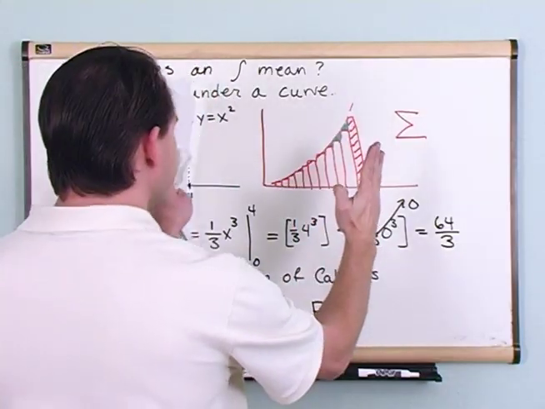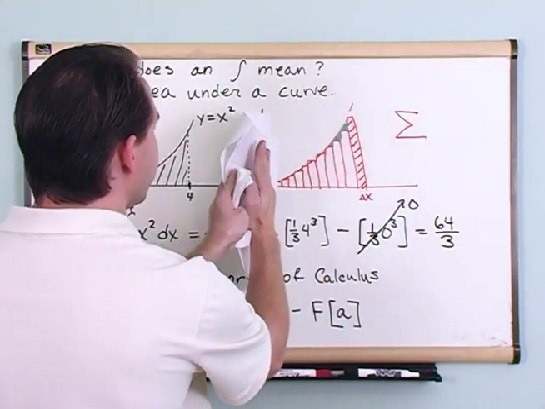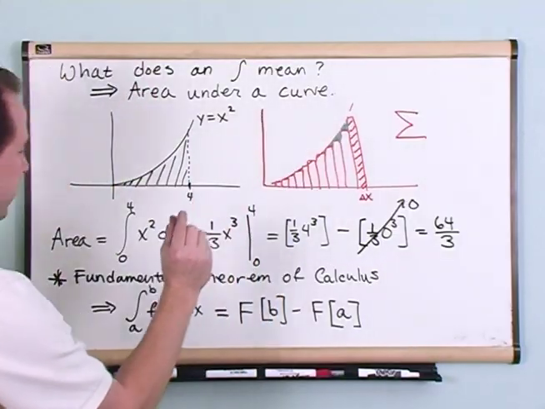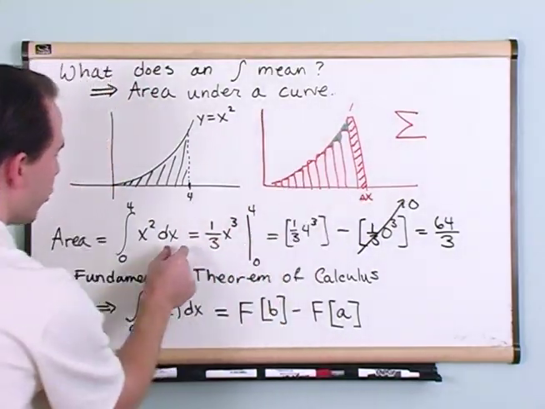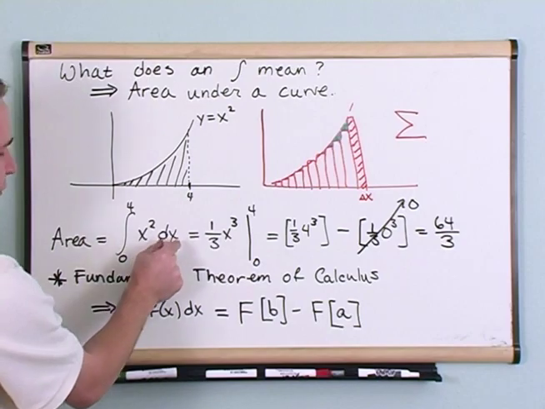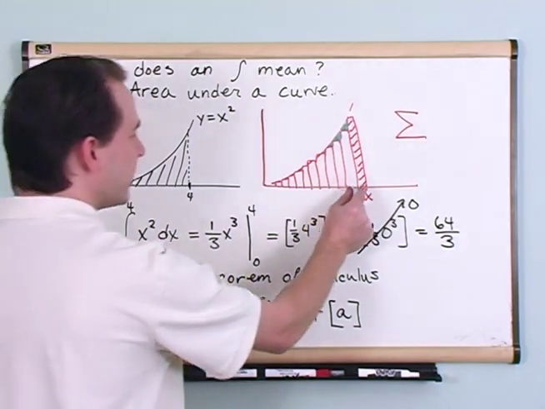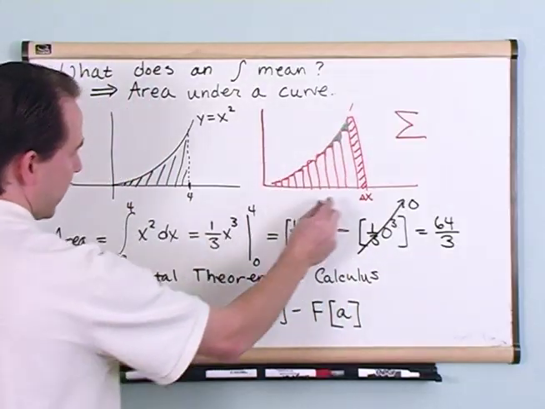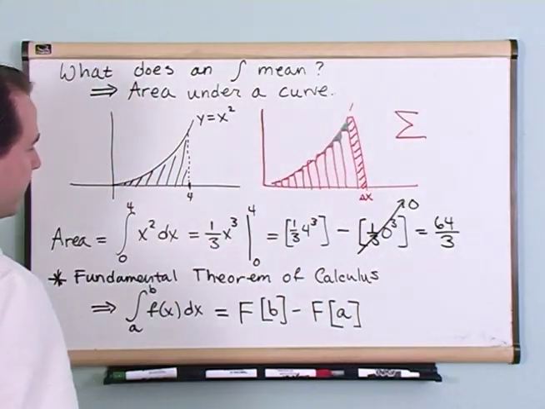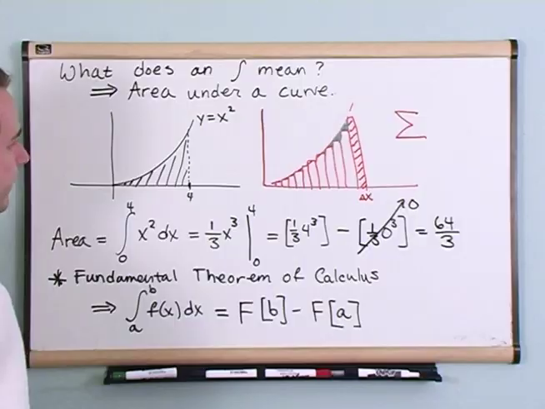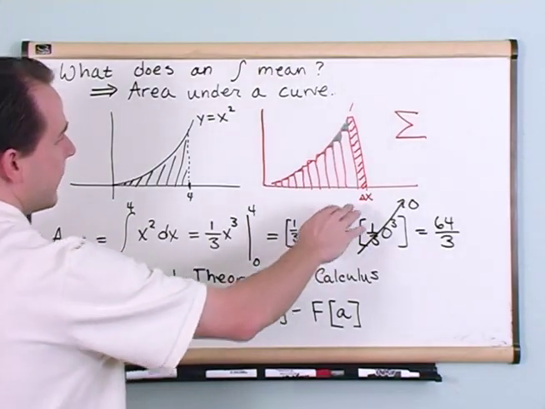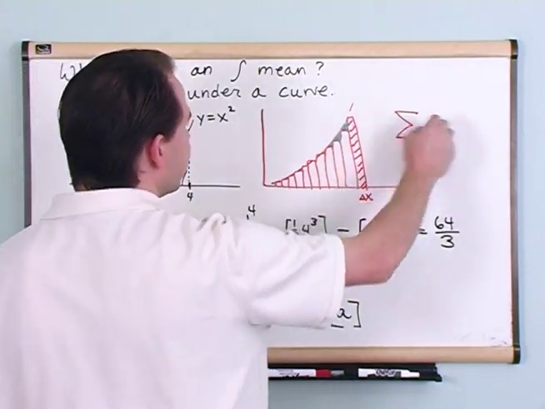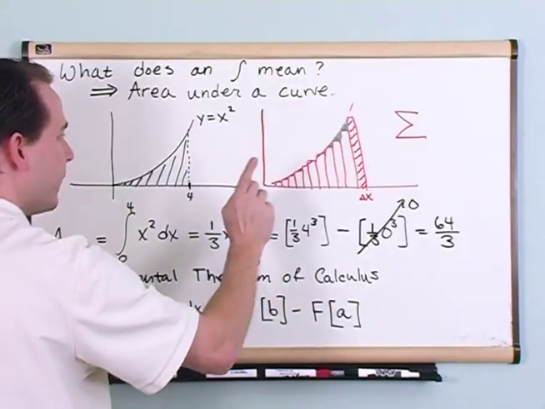In other words, make delta x very, very small, so infinitesimally small that we don't even call it delta x anymore. We call it dx, which means a very, very small sliver of x. In that case, you would have an infinite number of columns, because you make dx infinitely small, and then you add up all these things under the summation symbol, and you would get a true representation of this area.